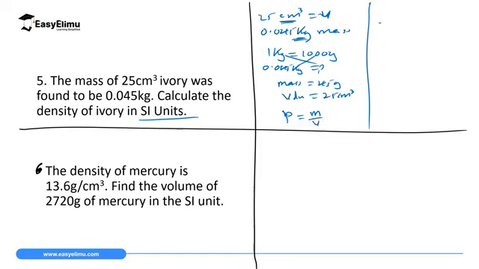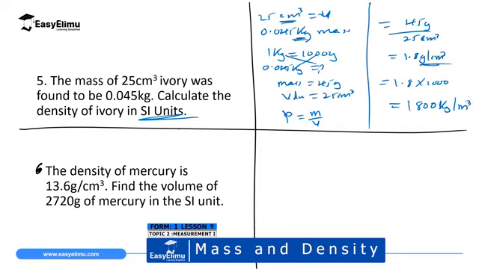Then in this case, if we feed directly, it will be 45 grams over 25 cubic centimeters, which is going to give us 1.8 grams per cubic centimeter. Then if we want to convert it to SI unit, we said when you have grams per cubic centimeter, you want to convert to kg per cubic meter, you multiply by 1000. So our answer will be 1.8 times 1000, which is going to be 1800 kg per cubic meter.